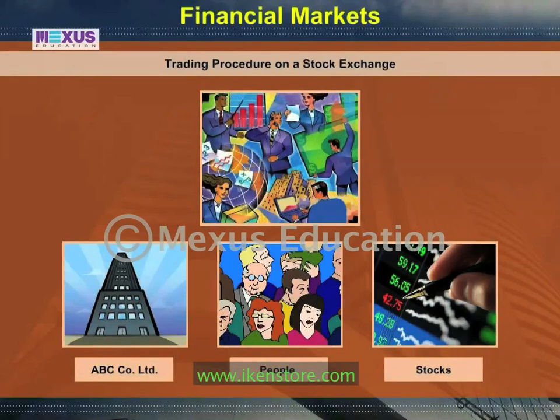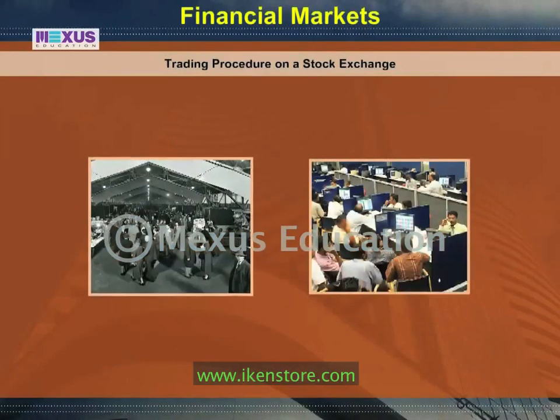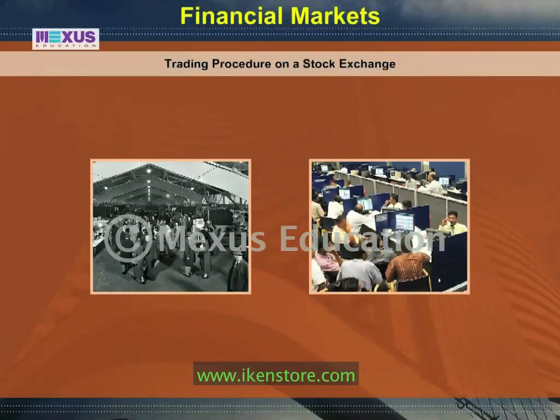On the contrary, if there are more sellers than buyers, that is, high supply and low demand for the stock of ABC Company Limited in the market, its price will fall. In earlier times, buyers and sellers used to assemble at stock exchanges to initiate a transaction.